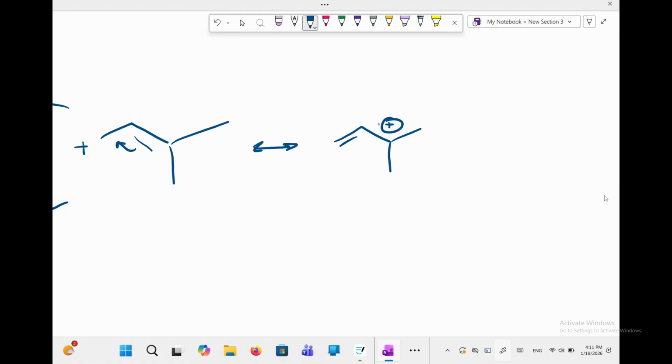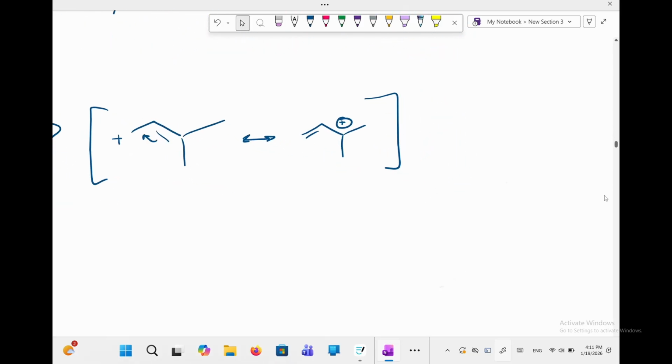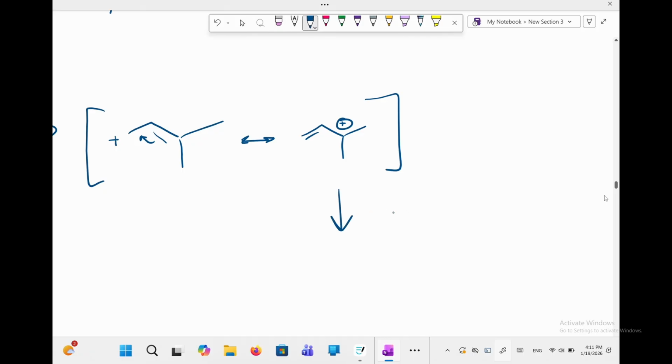Now we have something that's way more stable than a primary. We got a tertiary. So when we have this tertiary carbocation, we can react this with the water. That's going to act as a weak nucleophile.